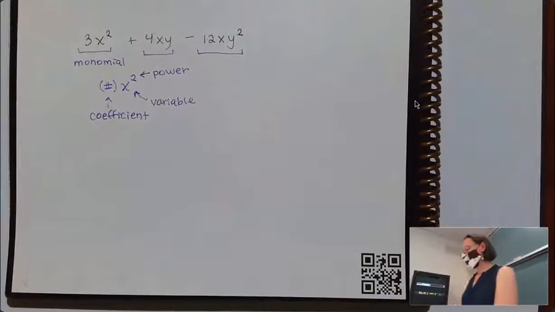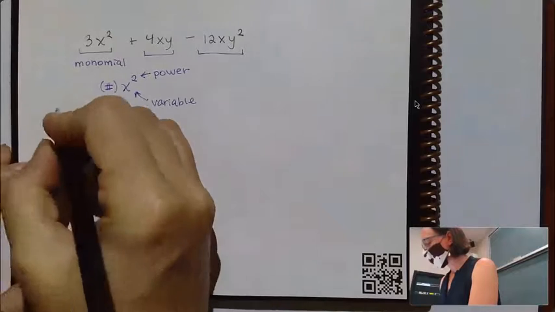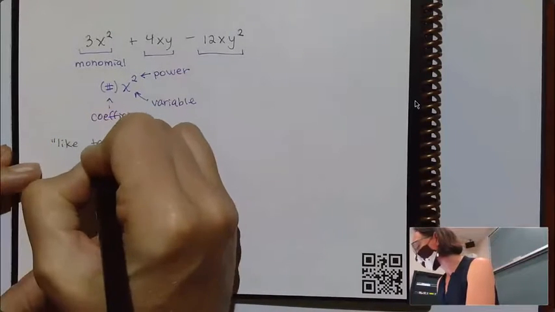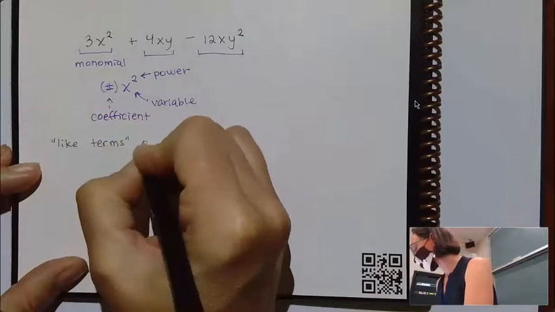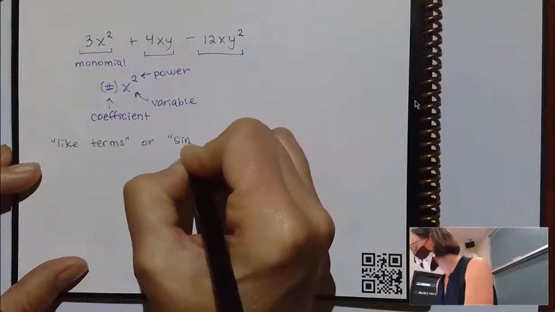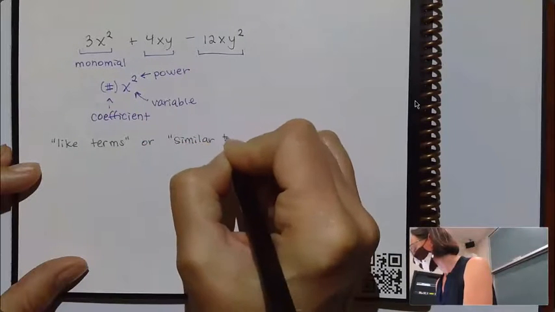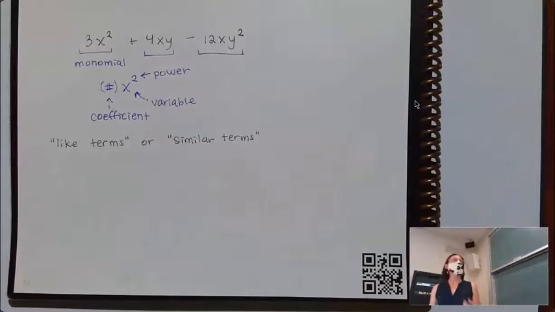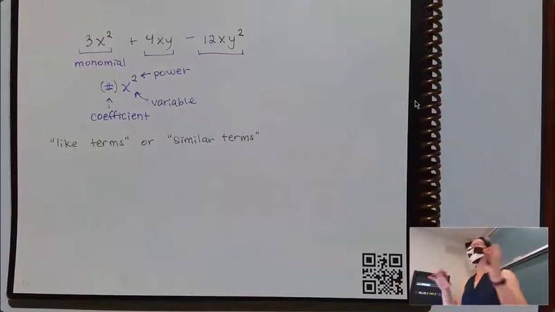What is important is that there's a phrase that comes up a lot, which is like terms or similar terms. In the context of monomials, what that means is that the coefficients could be different, but the variables and the powers have to match.